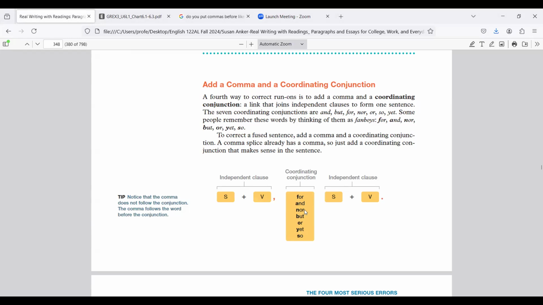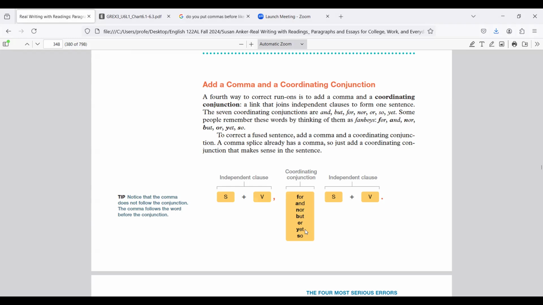Now it's actually kind of less than that because we never use nor. We rarely use or. And we rarely ever use for. They all mean different things. For means as a result of. Nor means a negative, I'll explain it.